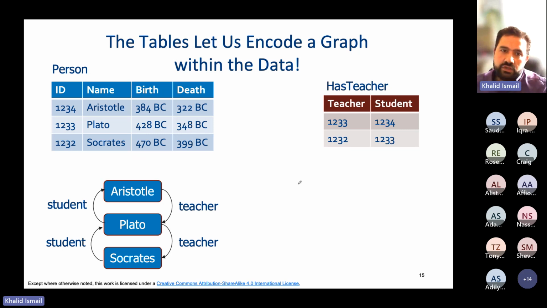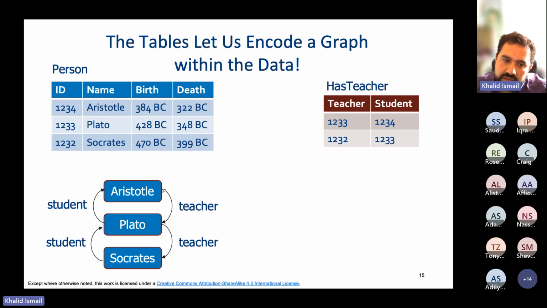Right. So the tables let us include a graph within the data. You can think about these two tables, the person table, which is a set of entity table, and the has teacher table.